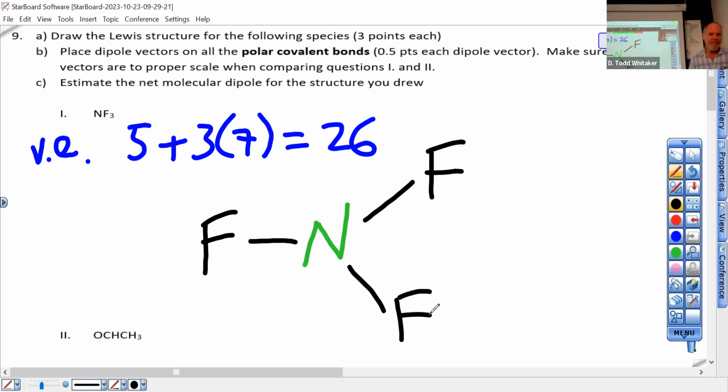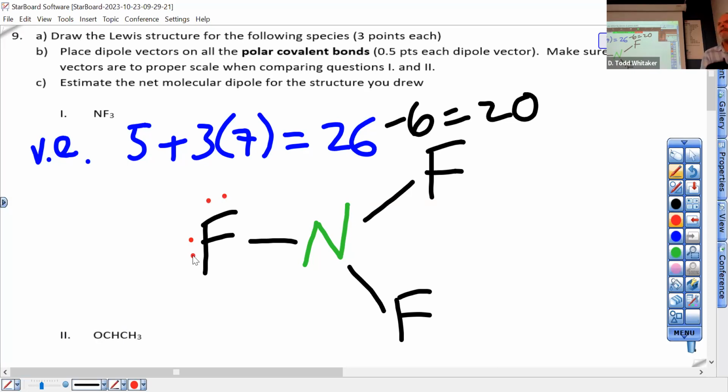Very nice. How many electrons have you used in constructing your skeleton? You need 20 more. And I'll put them in red. Why did I choose to do that for 6 of them? Why didn't I stop like there?